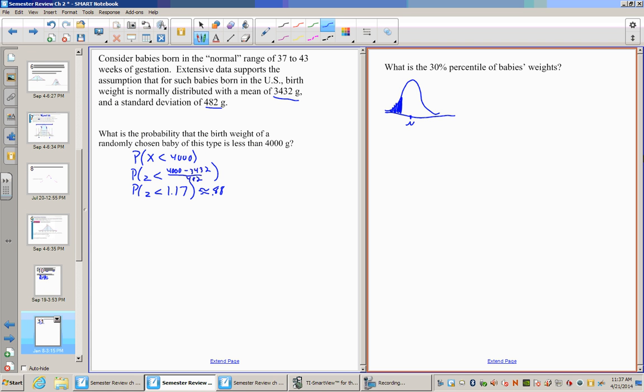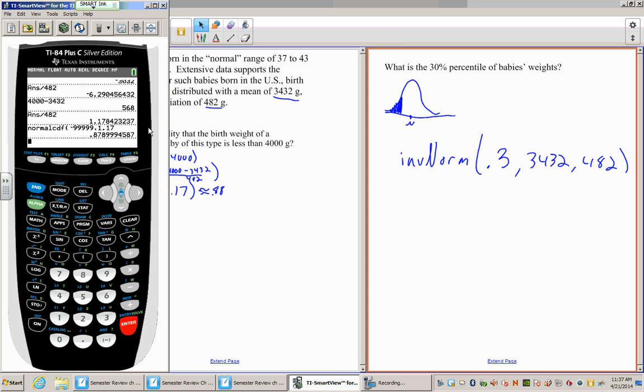What I would type in my calculator is inverse norm of 30% with my mean and standard deviation. Second vars, inverse norm, 0.3, comma, 3,432, comma, 482.